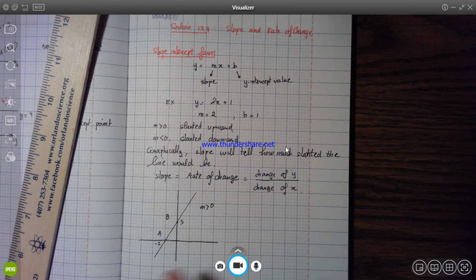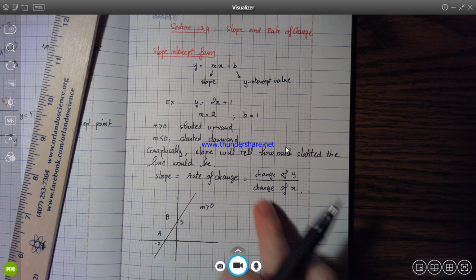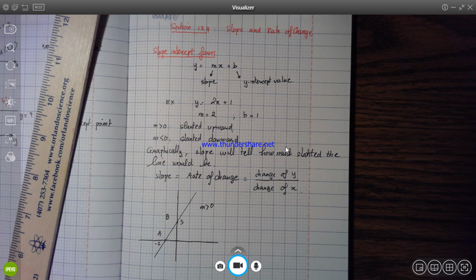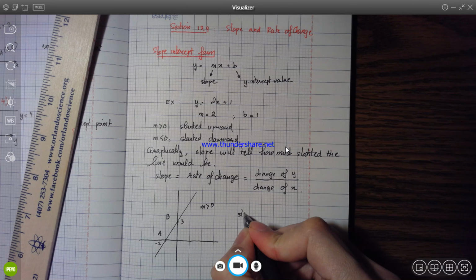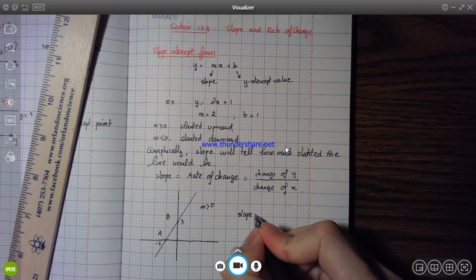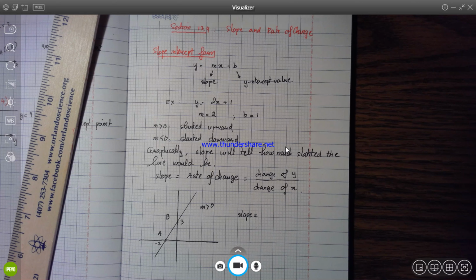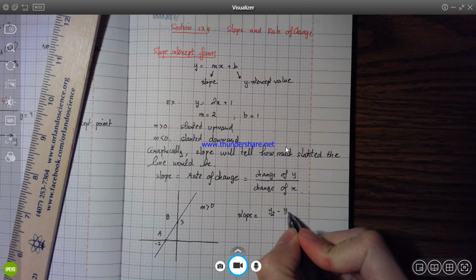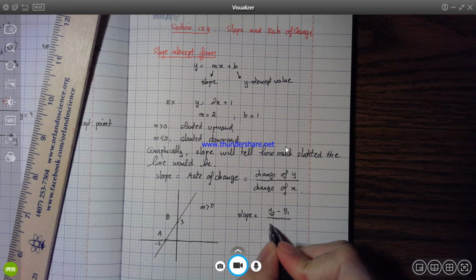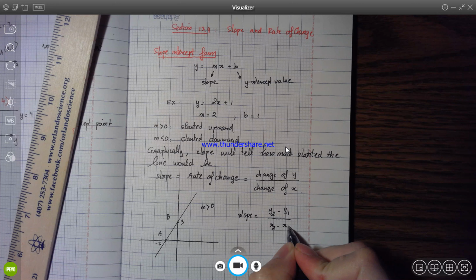So from this concept, from this definition, I can say that slope is equal to what? It will be equal to y2 minus y1 over x2 minus x1.